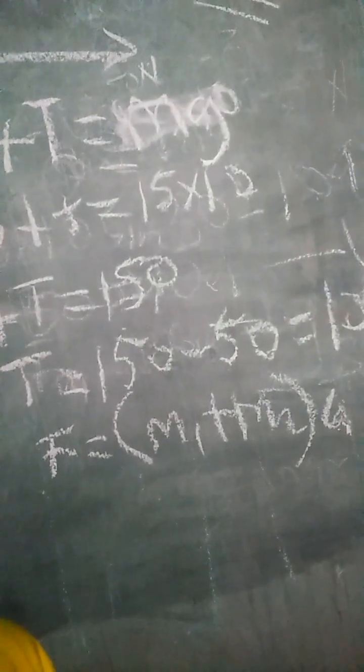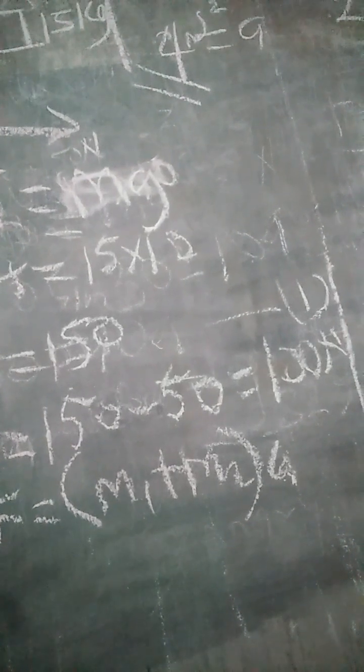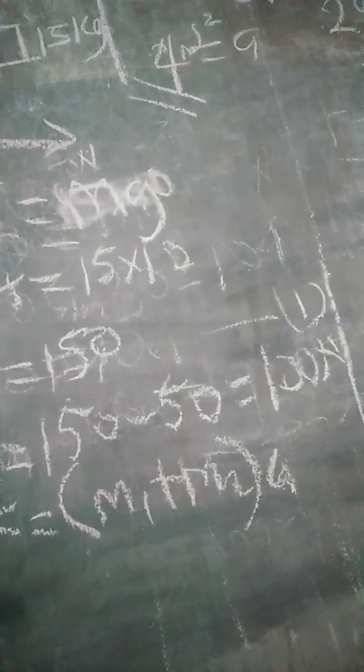Static or limiting friction is the maximum force that must be overcome before a body can start to move. Are you hearing me? While kinetic or dynamic friction is the force that must be overcome so that a body can move with uniform speed over another.